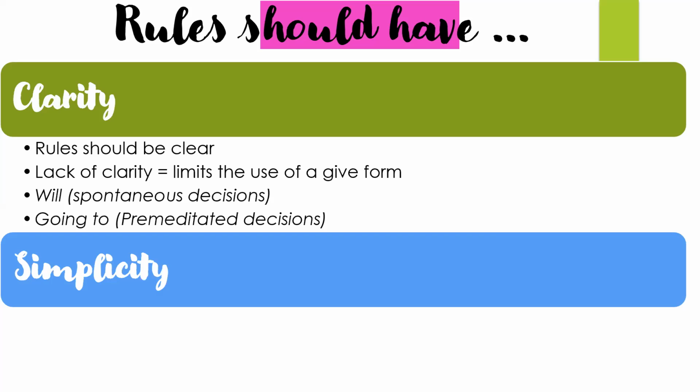Okay, for example, we know that the structure will is about making spontaneous decisions. Okay, and going to is about premeditated decisions. So maybe by telling them, okay, you're using will when you're being spontaneous. Okay, and going to when you're thinking about your decisions in the future, right? Keeping them separate, okay, so students can understand more.